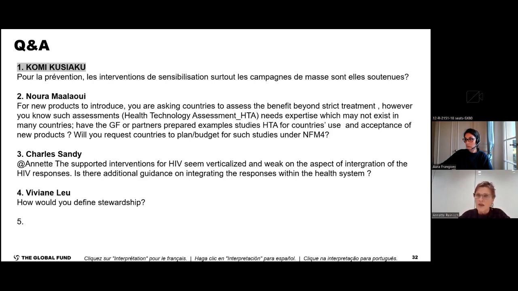But it's about balancing, not saying we can't afford a new tool or a new product. What's important is to also see where we could save. If you have better treatment options, for example, how many lives can you actually save? How many people are not becoming resistant to a certain drug?